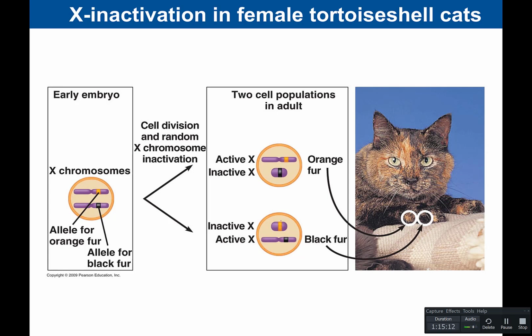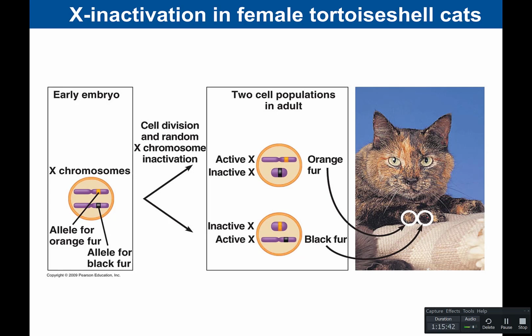In other cells, the X chromosome with the orange fur is inactive and the black fur is the one that's being expressed. This genetic modification, this change to the DNA structure, not the sequence, but actually the structure of the DNA, is what is going to have this effect. And so you get these cats that have patches of orange and black fur.